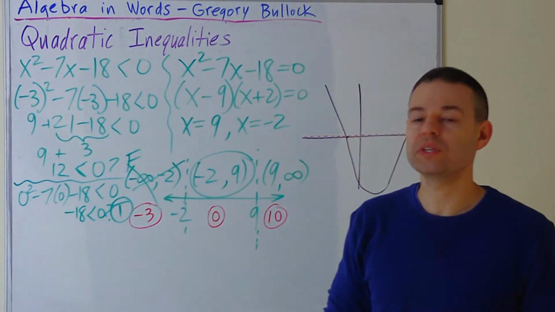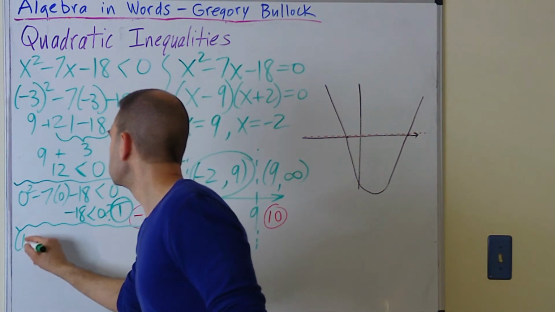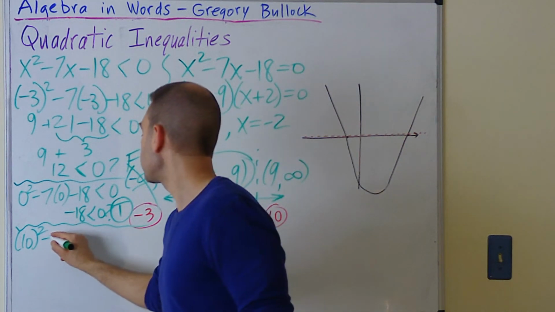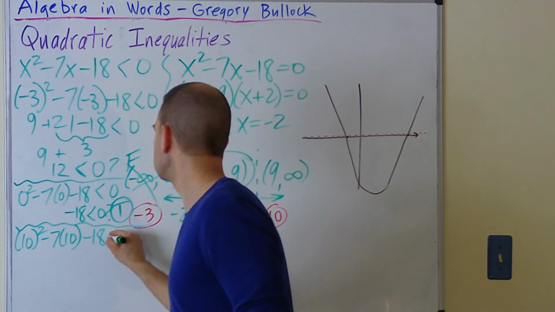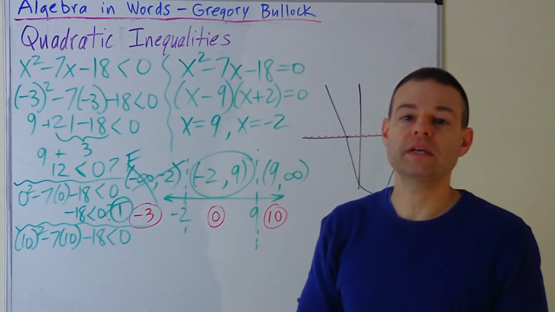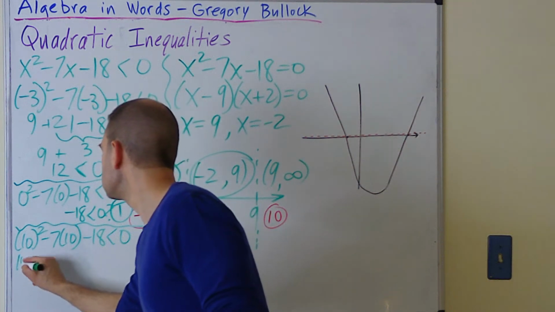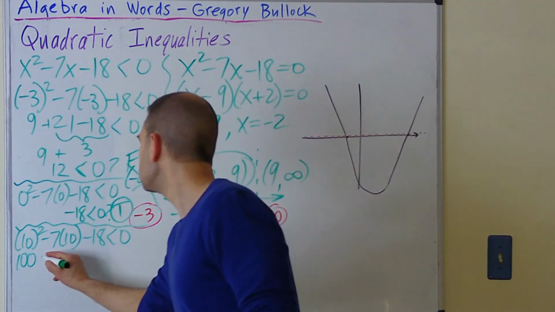And let's see if we can squeeze it in here. 10 squared minus 7 times 10 minus 18 is less than 0. So 10 squared is 100. Negative 7 times 10 is negative 70.